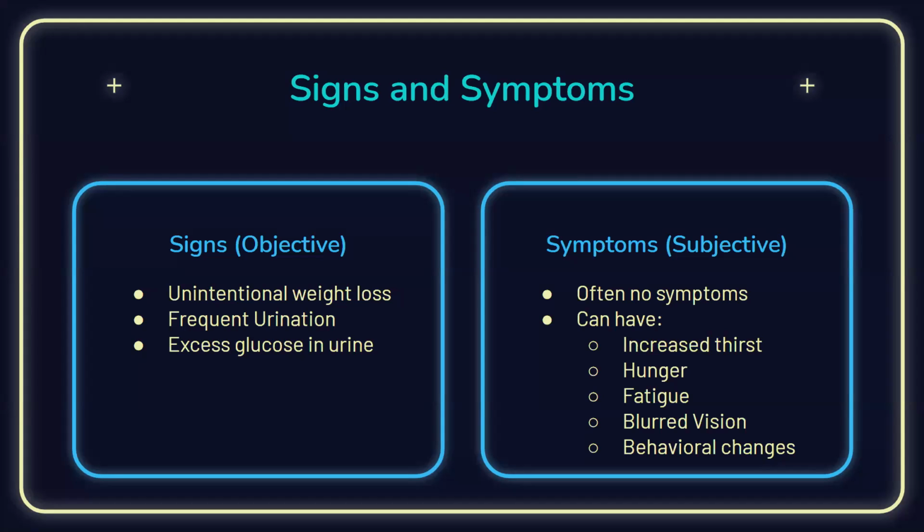The reason that they're separated into signs and symptoms is that signs are more definitive lab-based tests that you can perform in order to determine if someone has diabetes, whereas symptoms are often self-reported by the patient, and these can vary between patients. Most have no symptoms, but some people do experience some slight symptoms.